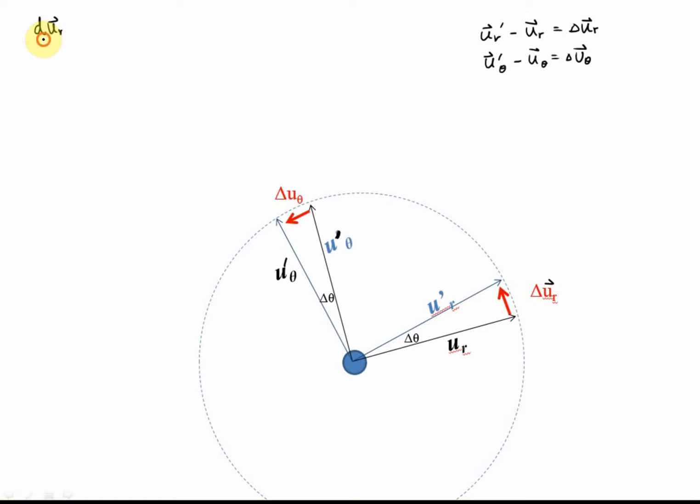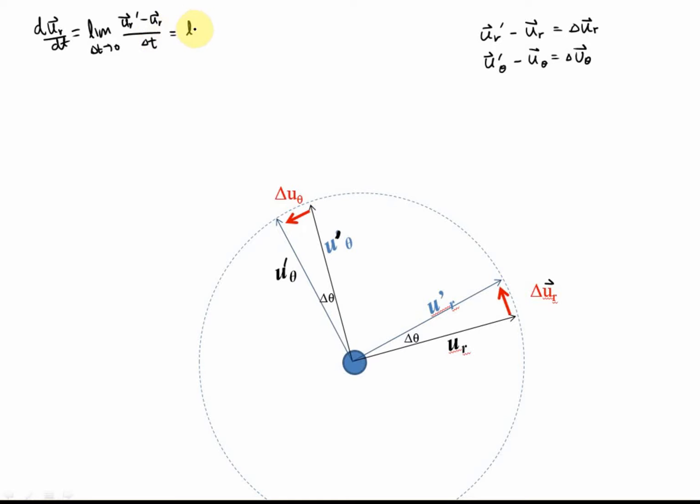Then what is this value, d u r over dt? Do you remember that the definition of differentiation is the limit as delta t goes to 0 of u r prime minus u r over delta t?